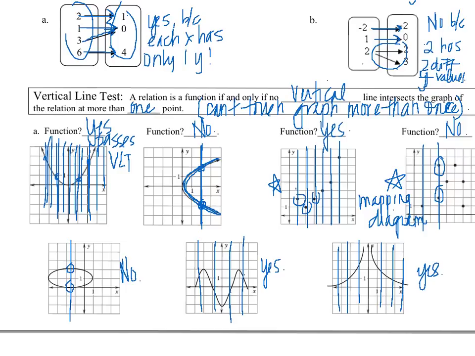Now, some of you might be saying to me, but Mrs. Szczepanik, and let me change my color so you can see it. You might say to me, but look at, right here I crossed more than once. And the answer is it looks like it. However, if I were to take my graph and get it really, really zoomed in, you would find that it always continues to look like this.